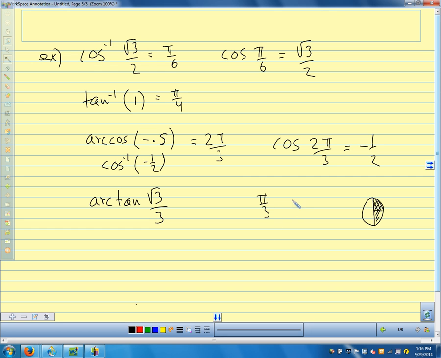What are the coordinates on our unit circle at pi over 3? The y coordinate is the long one. The x coordinate is the short one. 1/2, square root of 3 over 2. The tangent of pi over 3, 1/2, divided by the... did I do that right?